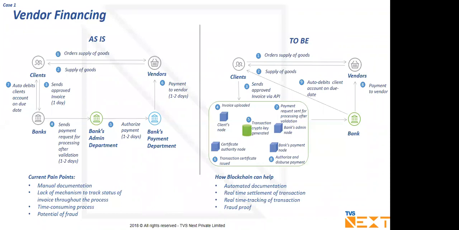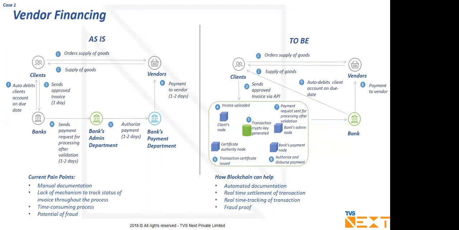But for the intermediary payment, just imagine it's a very high-value transaction between the client and the vendor. The bank takes in the approved invoice and sends it to the admin, who validates the transaction, confirms it's the right transaction, and then authorizes the bank's payment department to push the payment to the vendor.